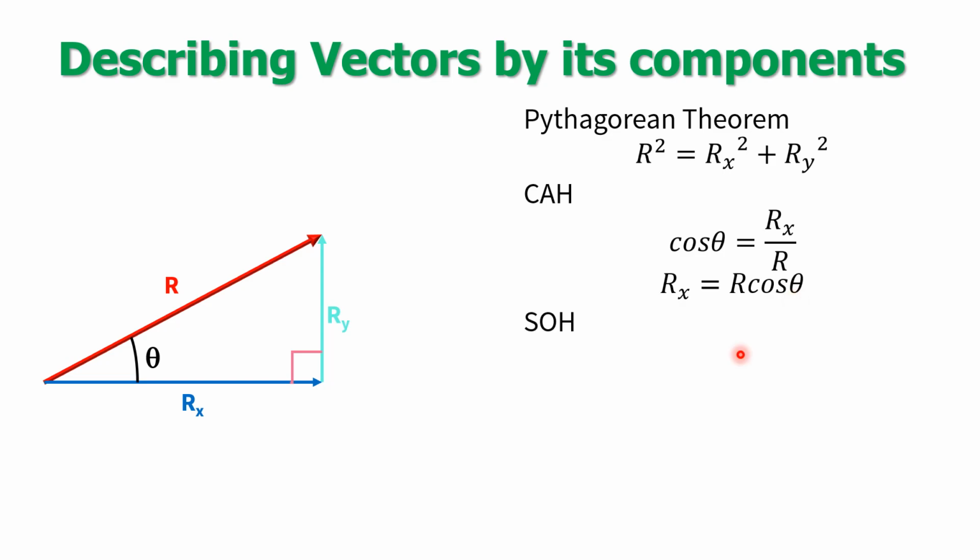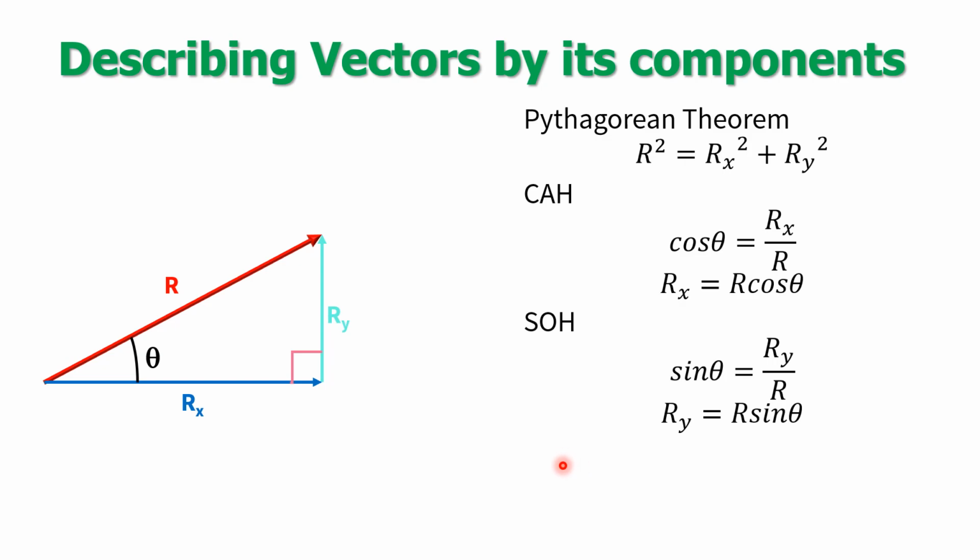And then we also have SOH, so we have sine theta is equal to the side opposite to angle theta, which is r sub y, over the hypotenuse. So we have this equation. Sine theta equals r sub y over r. And from this equation, we can get r sub y. So we have r sub y is equal to r multiplied by sine theta.